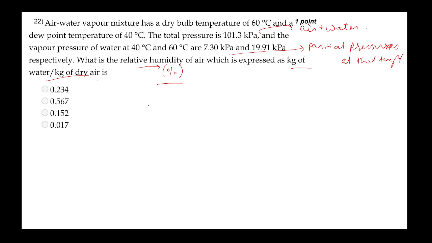So how will you solve this question? This is nothing but humidity. If you want to find out the humidity in terms of kg of water per kg of dry air, it is 18/29 times the partial pressure of water per pressure of dry air. What will the partial pressure be in this case?